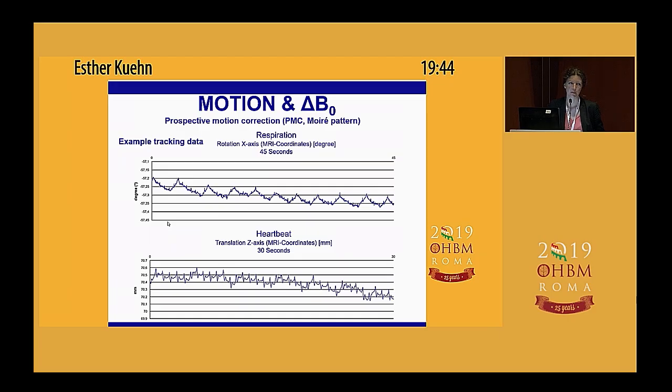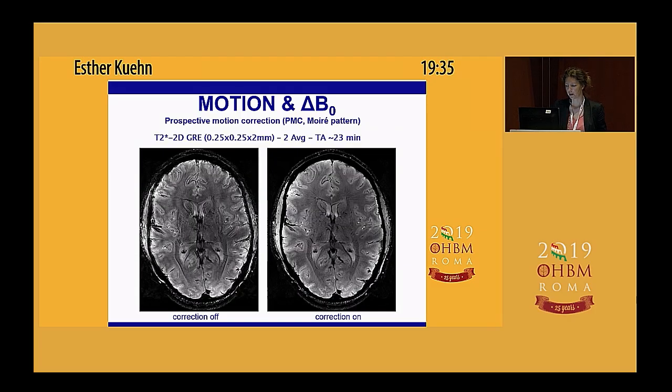And what then happens is that those data are tracked online, and the field of view is updated online to actually correct for those head motions. And this is one example image here where a very high resolution 0.25 image was acquired with and without such prospective motion correction technologies, and you see a massive improvement when the correction is on.